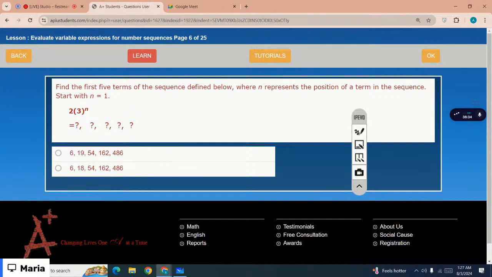Option number 2 is the correct option, that is 6, 18, 54, 162, and 486. Very good.